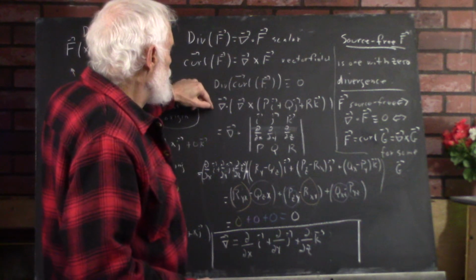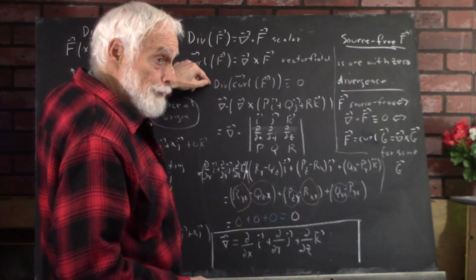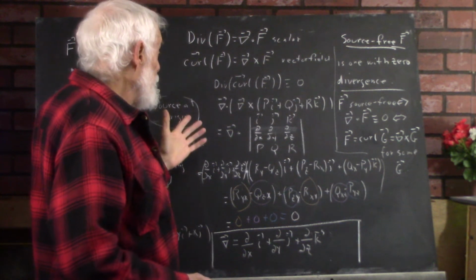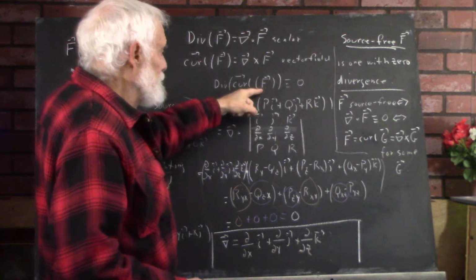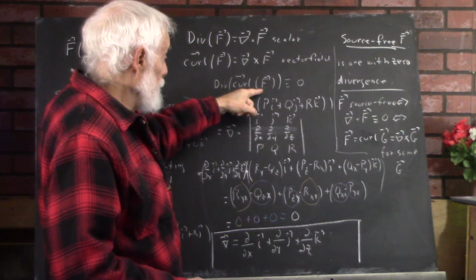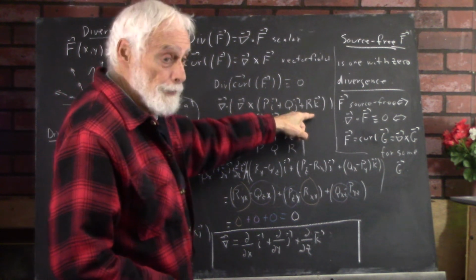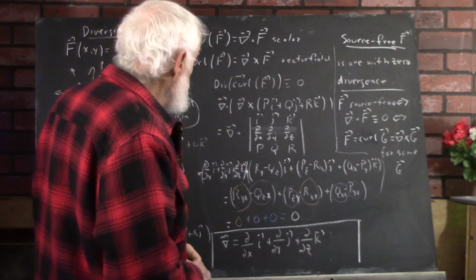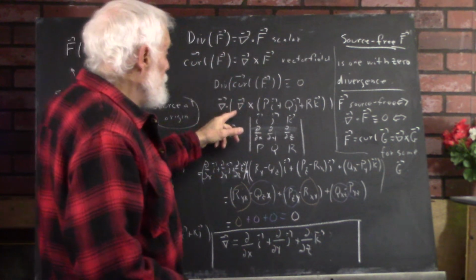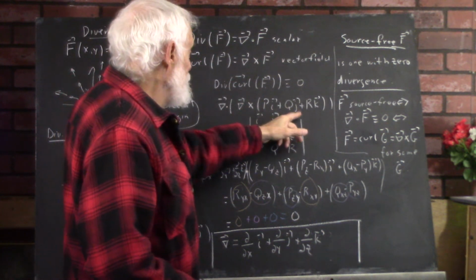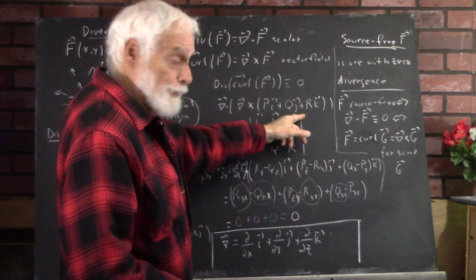Okay, so to prove this, very simple, we just write it out. We make up some set of symbols for f. Well, pi plus qj plus rk is perfectly good. And we do the curl. We cross this. We do the del cross this field.